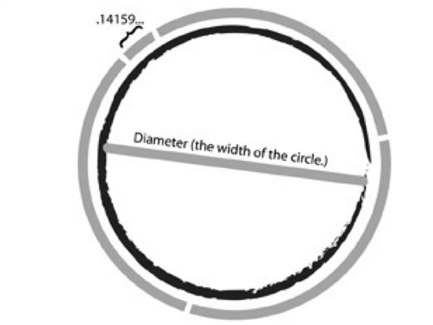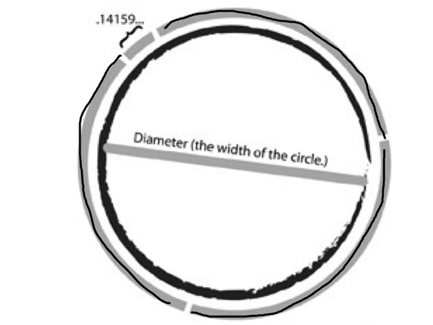Alright, if you look at the diameter, which is the width of the circle from one side to the other, how wide it is, you're going to find, and mathematicians a long time ago found, that no matter what the size of the circle, the diameter would still go around the circle 3 whole times. 1, 2, 3, and it would always have this number left over, this part of a circle.